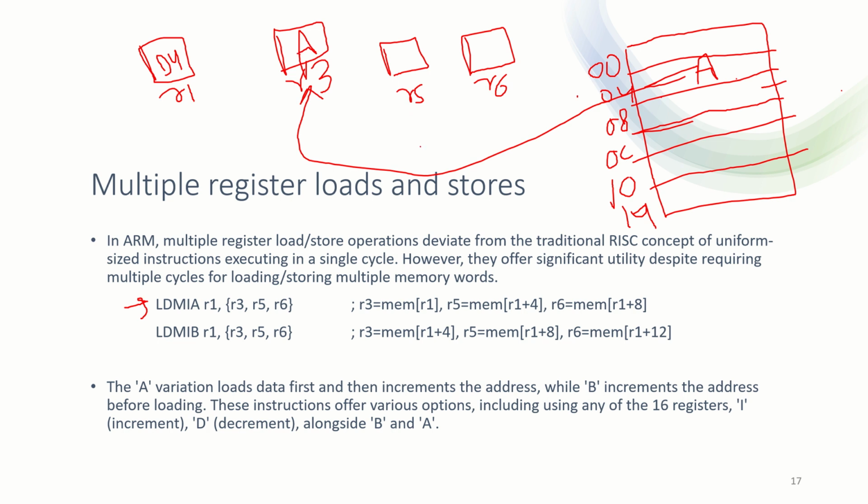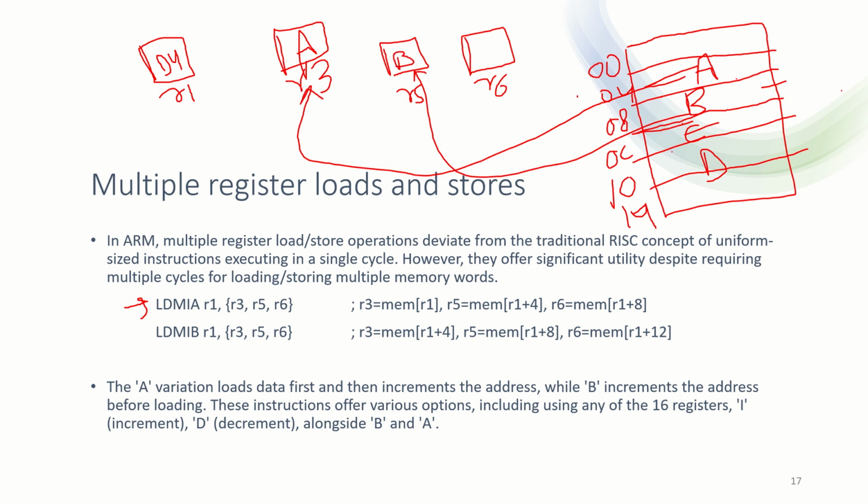How will you get the next consecutive location? By adding 4. So R1 means 04, 04 plus 04 is 08. So here, suppose here B is stored, here C is stored, here D is stored. So this B is going to be loaded into R5.